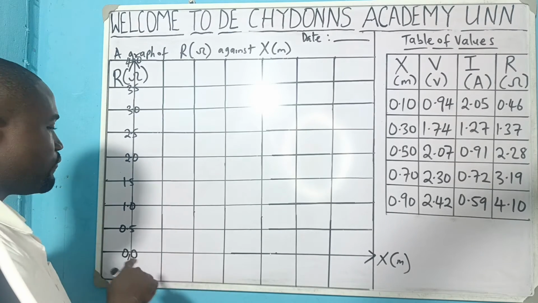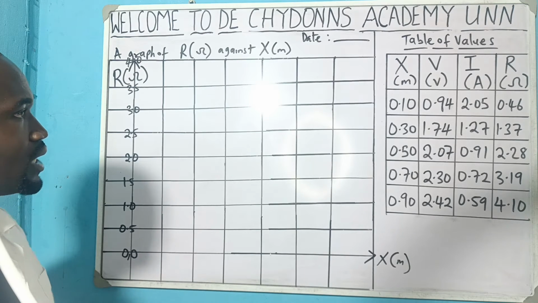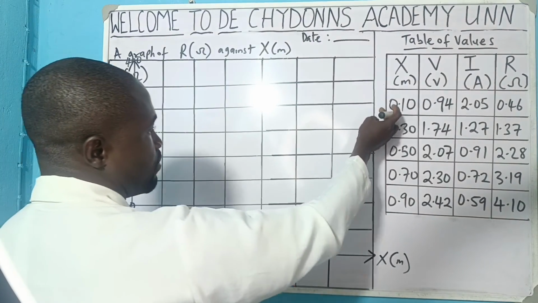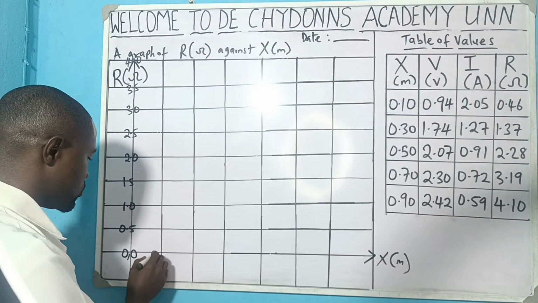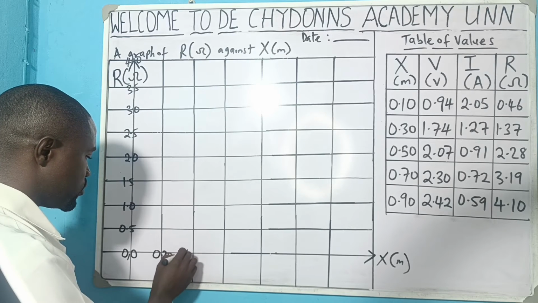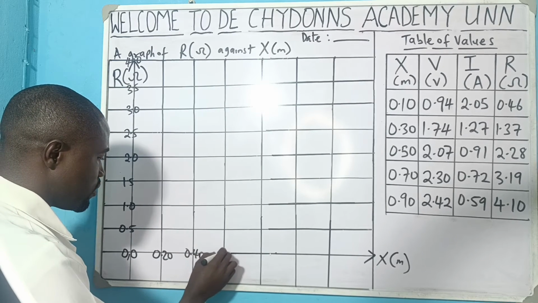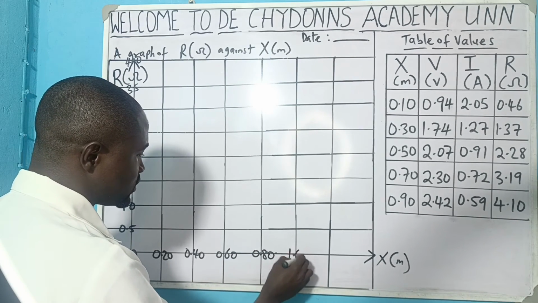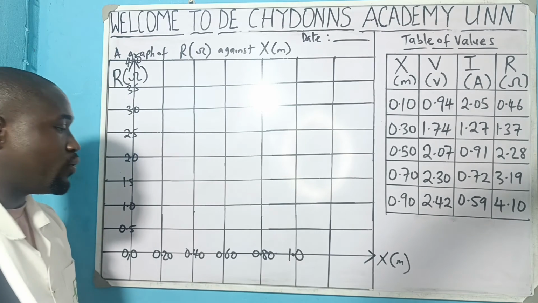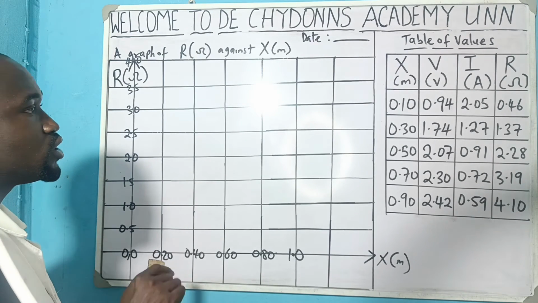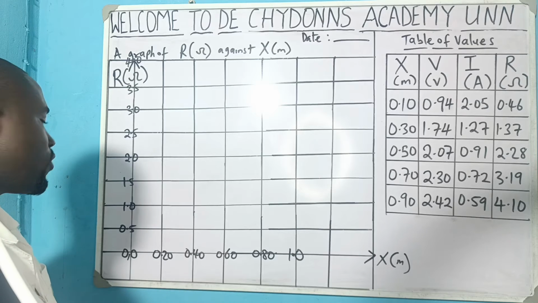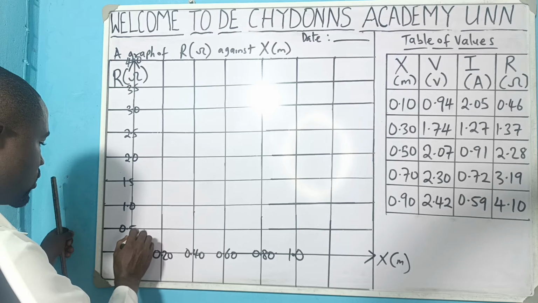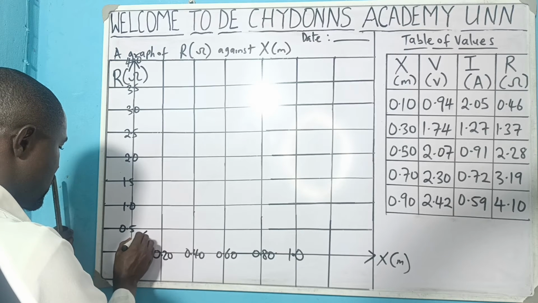Then for my X value, I decided to go by 0.2 because the least is 0.1 and the maximum is 0.9. So 0.20, 0.40, 0.60, 0.80, 1.0. So let's plot 0.1 against 0.46. 0.46 should be around here, and 0.1. So we can put it somewhere here.